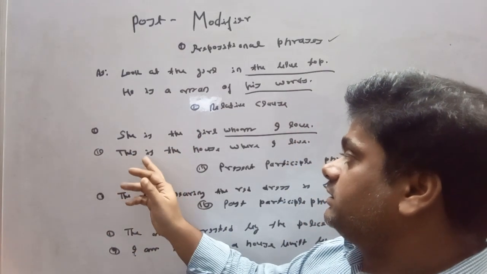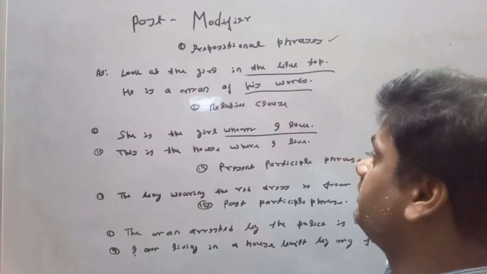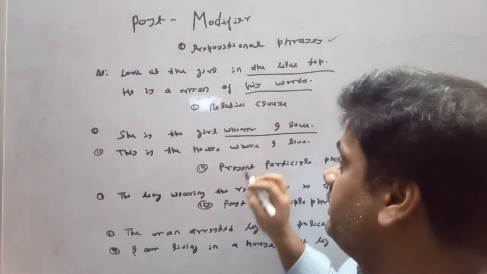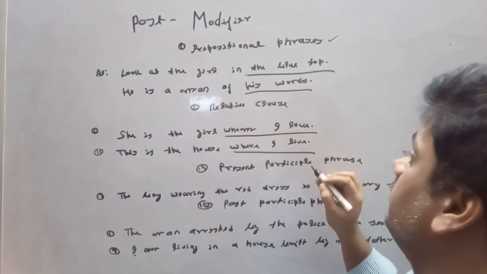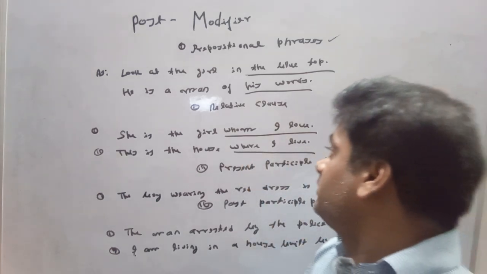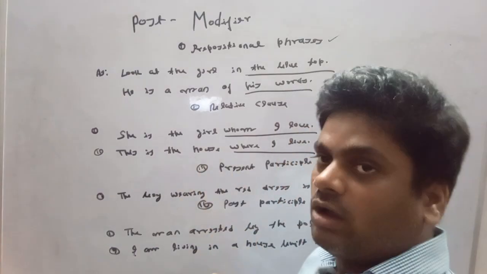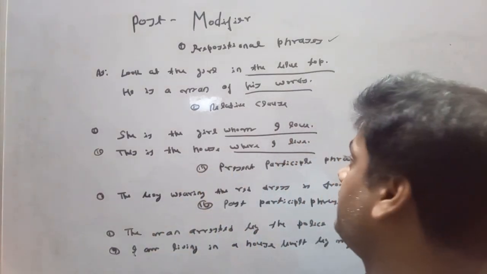In the second sentence, this is the house where I live. This is the same house where I live. Where I live is giving extra information about the house.